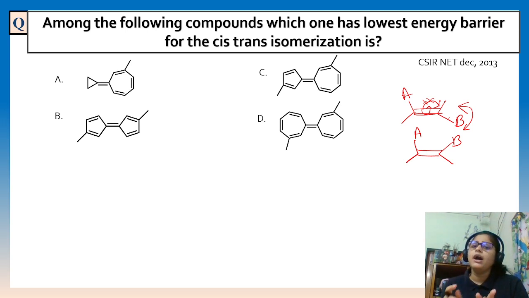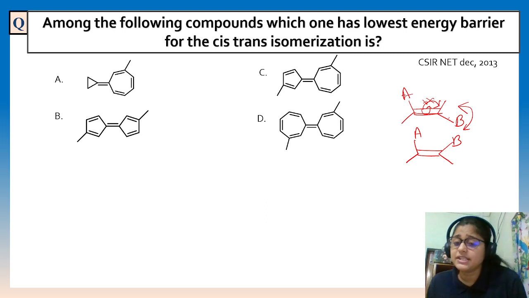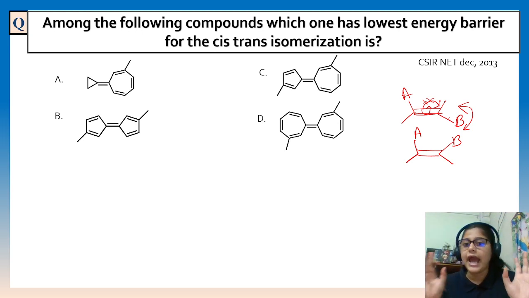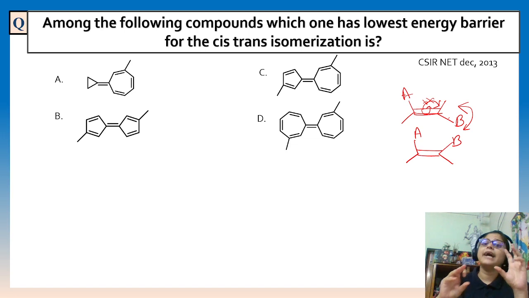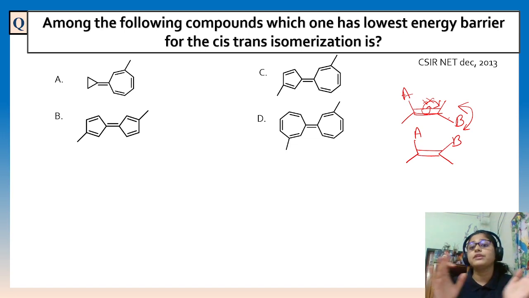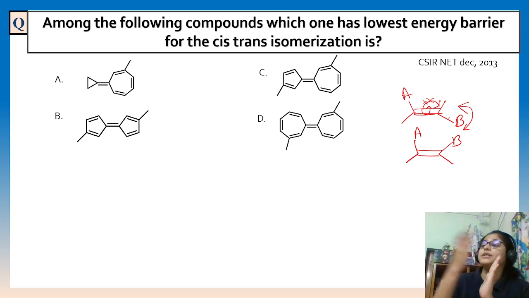But this charge separated form will be stable only if the two parts in the charge separated form are aromatic or stabilized, and then it will rotate. So it has the lowest energy barrier for the formation of cis to trans and trans to cis, right?